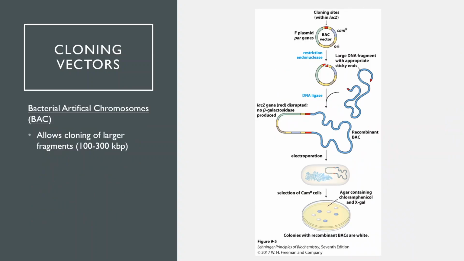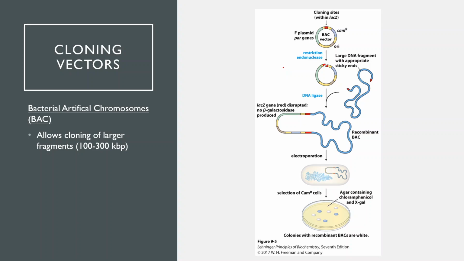First, there are other types of cloning vectors, especially for larger DNA segments. So a bacterial artificial chromosome is basically just like a big plasmid. So it's still a big circular DNA, still contains an origin of replication, contains a site or multiple sites that contain restriction enzyme cut sites.